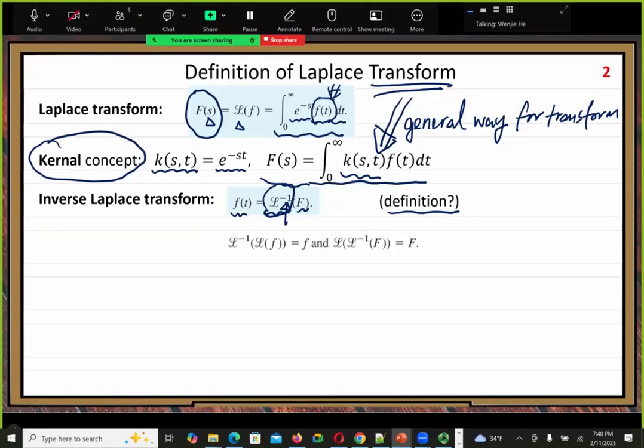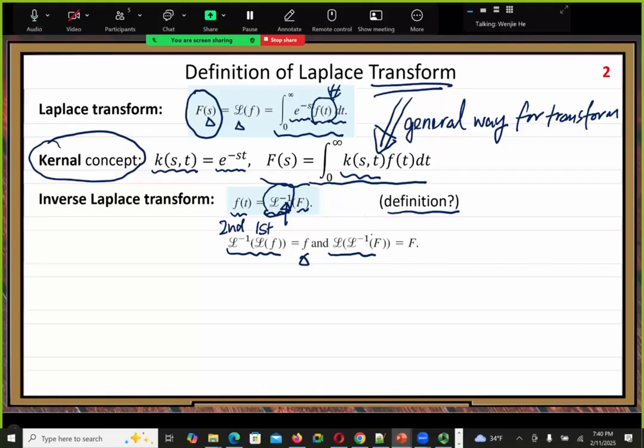And the inverse transform should have this property if you combine it with the original Laplace transform in two different ways. First, you apply the Laplace transform on f, and after that, you apply the inverse Laplace transform on the result, and you go back to the original function.